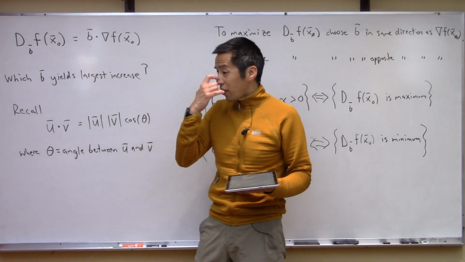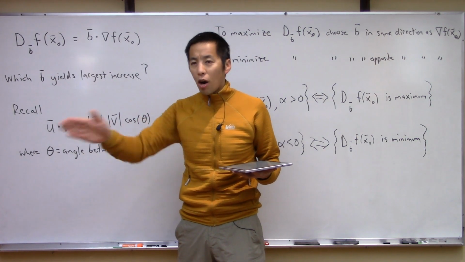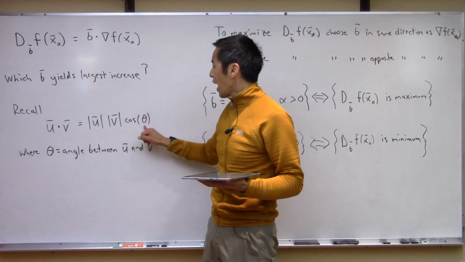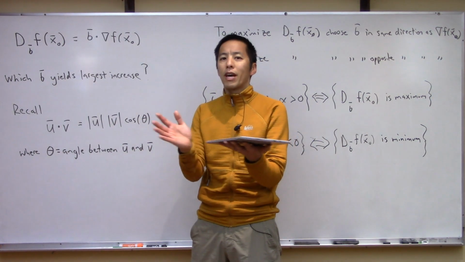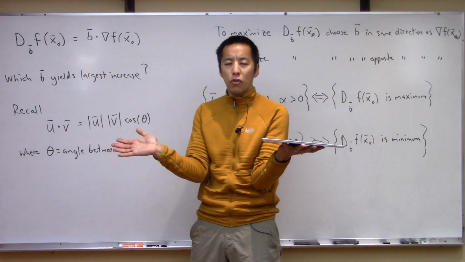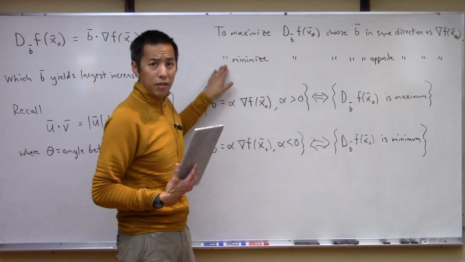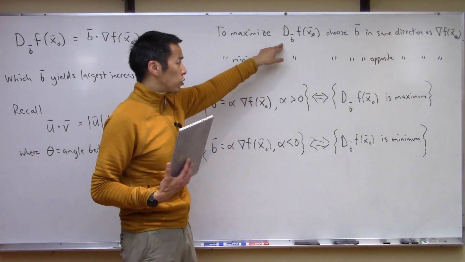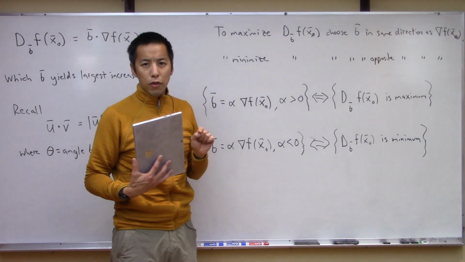Basically, you want the vector pointing in the opposite direction. So you want the angle between these two vectors to be 180 degrees. So the other way to think about this is if you want to minimize this directional derivative, you choose b to be in the opposite direction of the gradient.